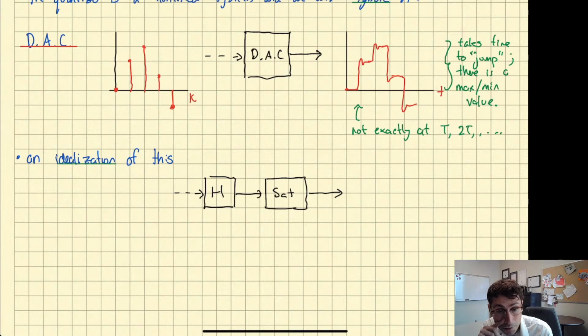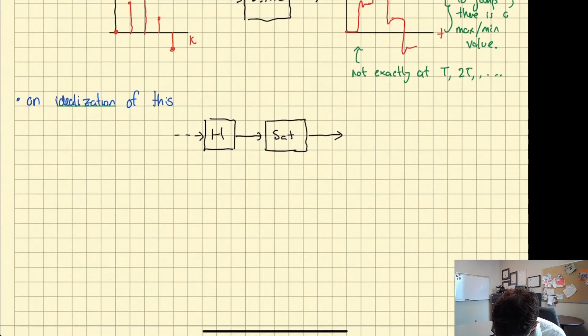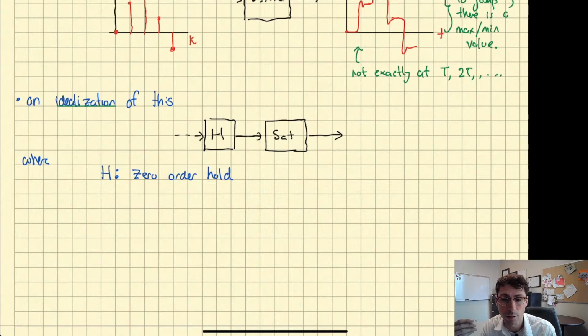We have this H block, which is going to be our zero order hold, and then the saturation block, which is going to model the max-min values of the DAC. H is called the zero order hold. There are other types of holds, so first order, second order, generalized holds. This is the simplest one, zero order hold.